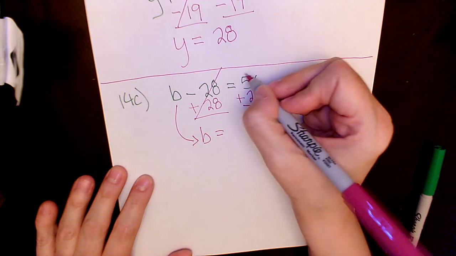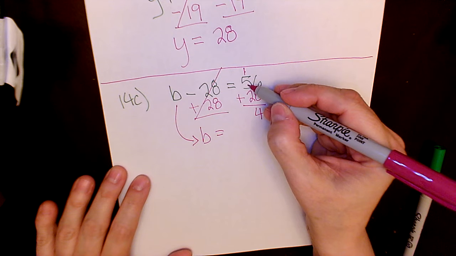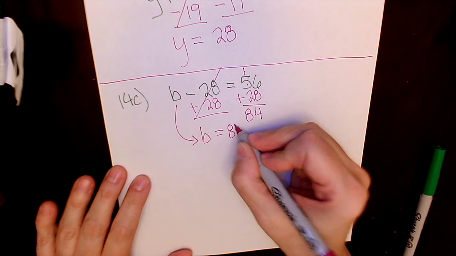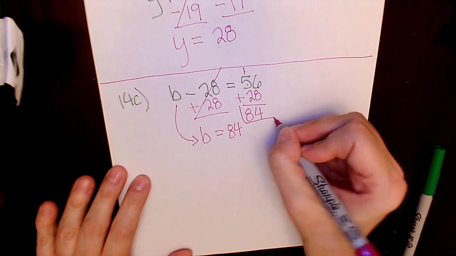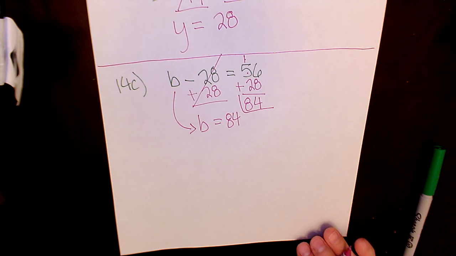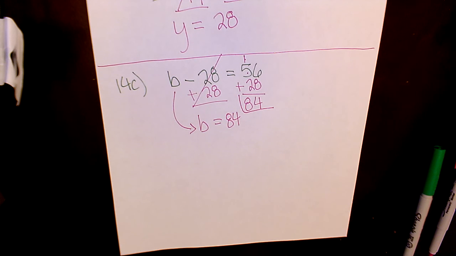And this is 14. Carry the 1. Okay. So b is 84. And let me check that on the calculator.